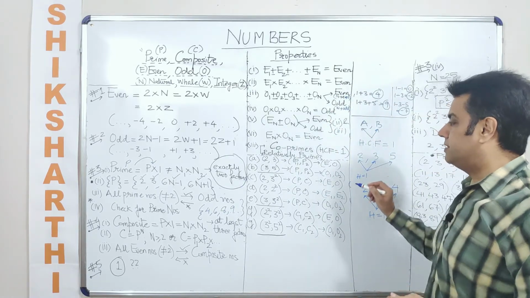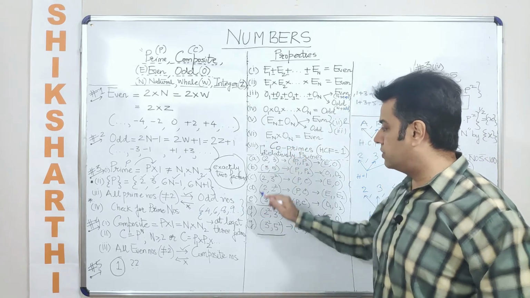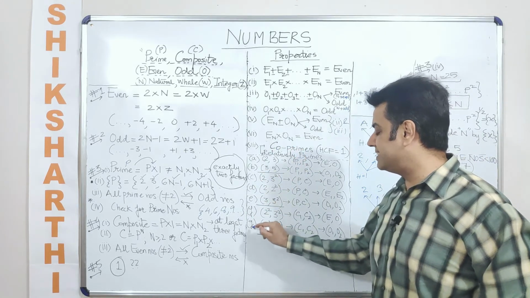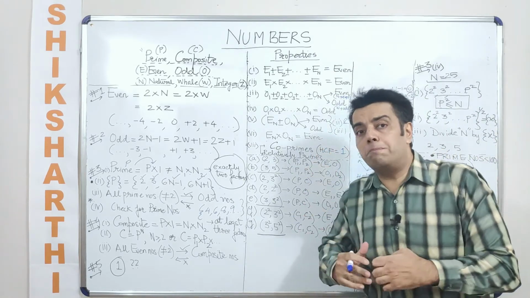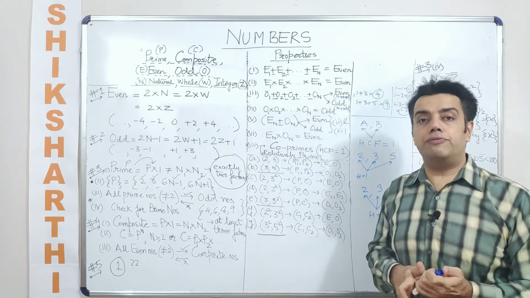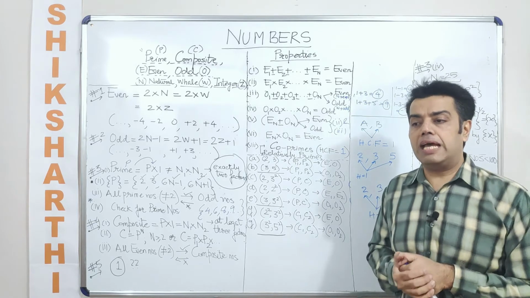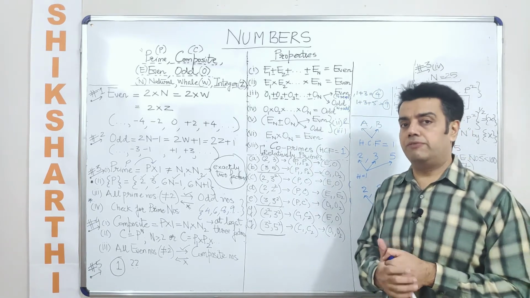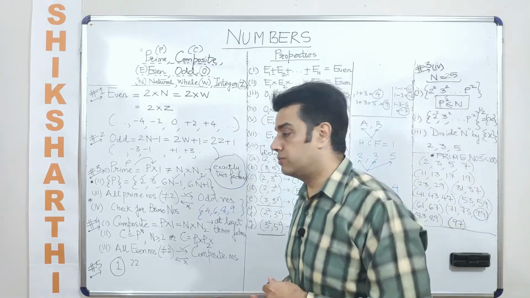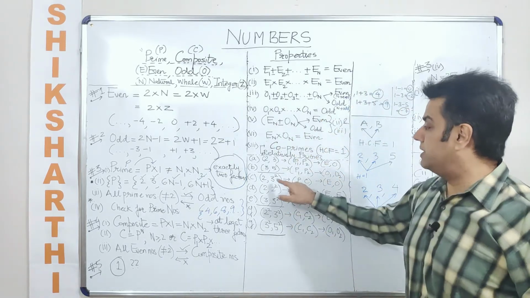Having understood this, there are a few points that I have noted down here: 1, 2, 3, 4, 5, 6, 7. This is quite a comprehensive discussion to give you further insight into numbers, and the more you dive deep, the more you learn. We have talked about this earlier also in our videos. So I am taking very small examples.